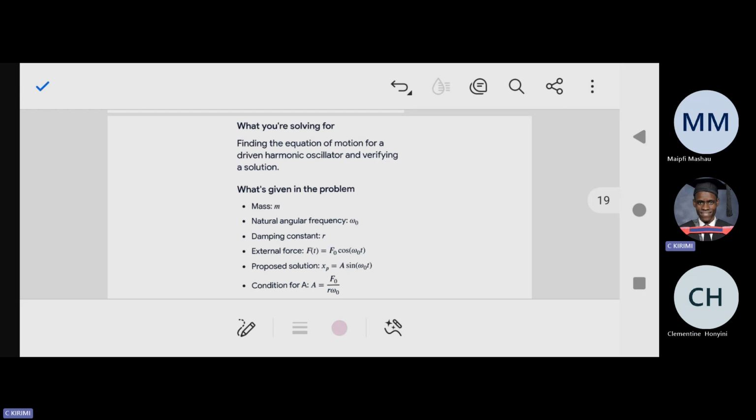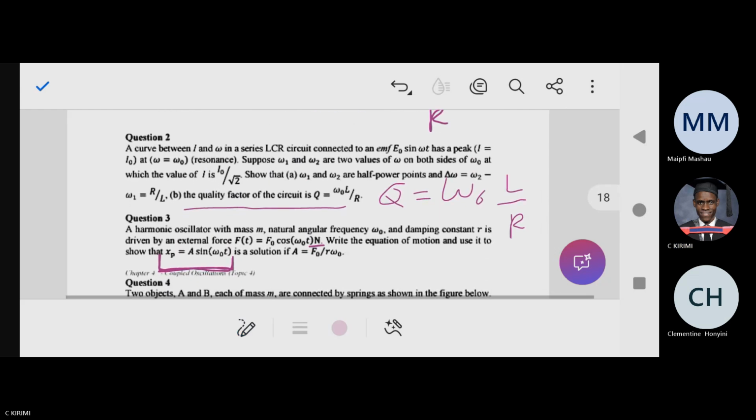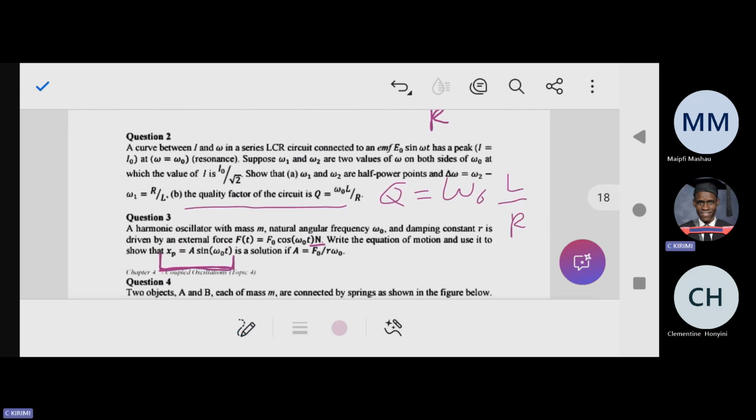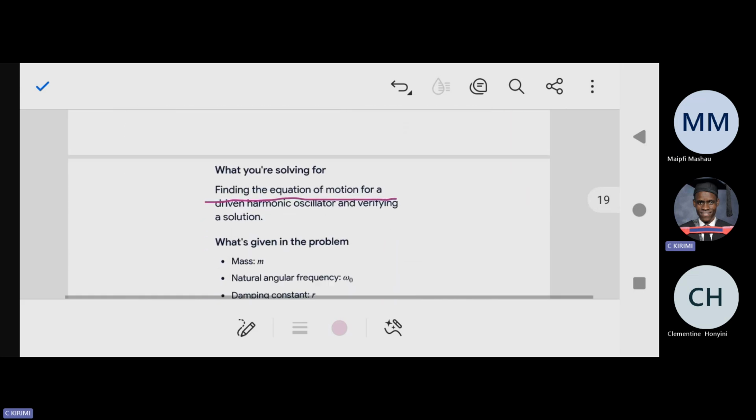All right, let's solve it. So we are finding the equation of motion of the driven oscillator and verifying a solution. We are looking for the equation of the motion we have been given. Remember, the particle has a mass m.